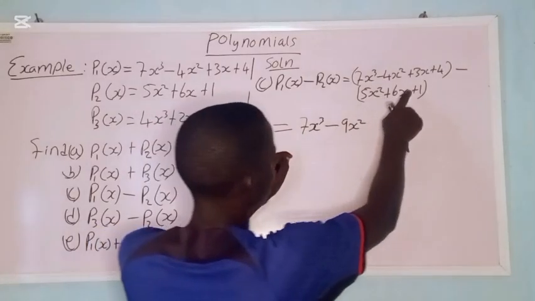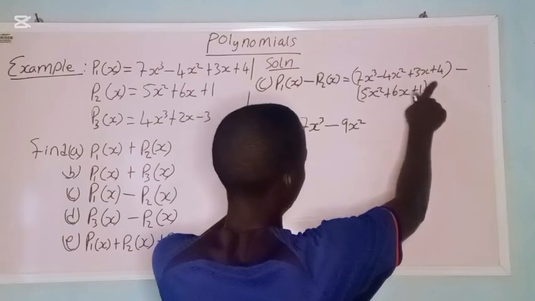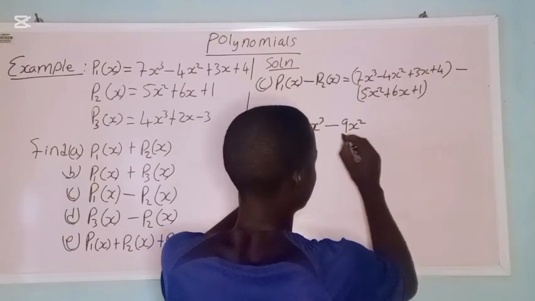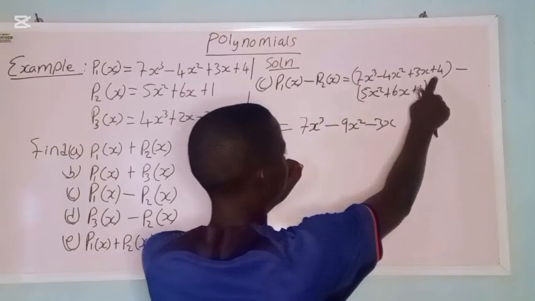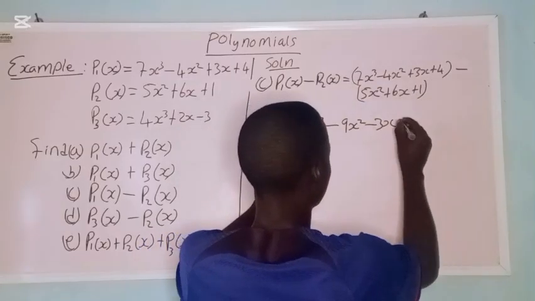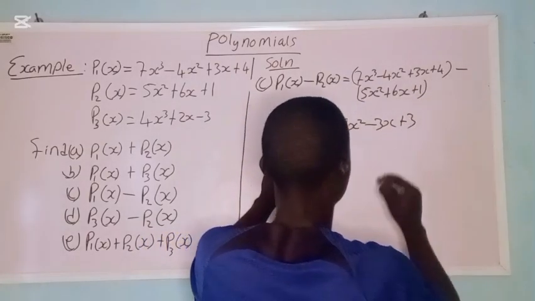Then 3x minus 6x will be minus 3x. So now 4 minus 1 will be plus 3.